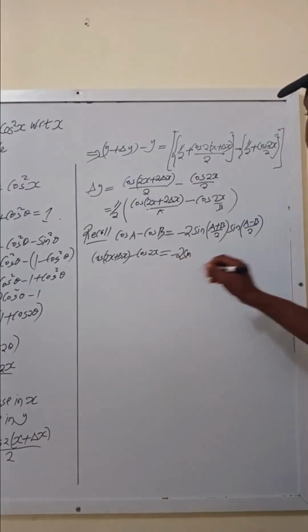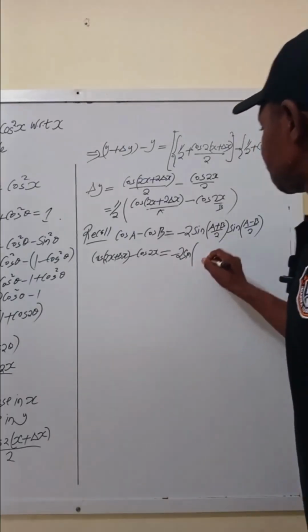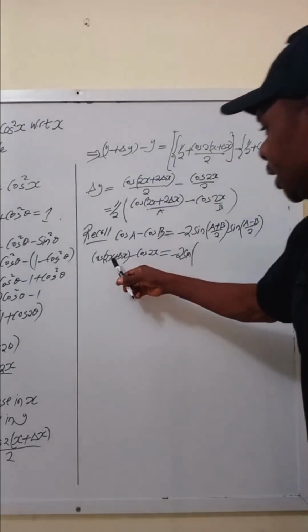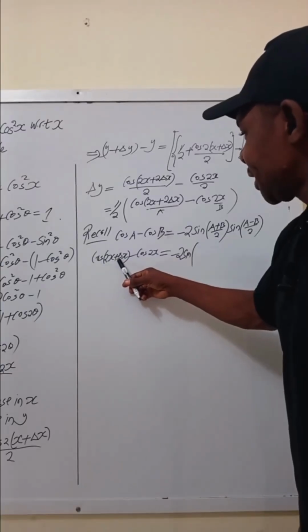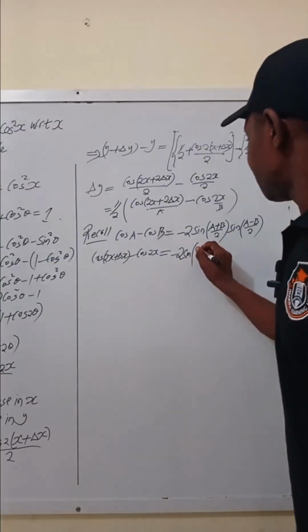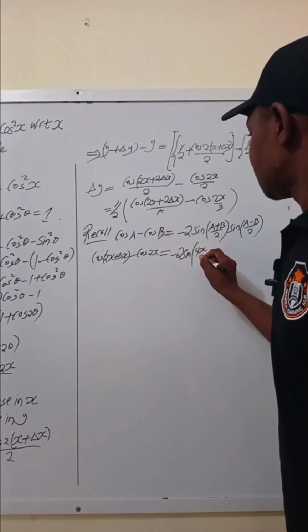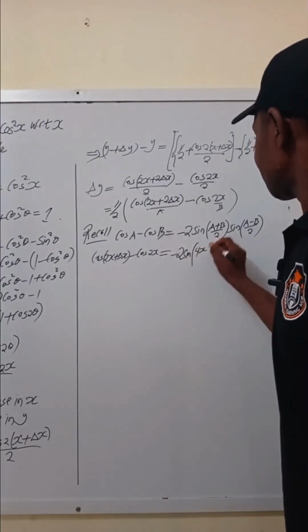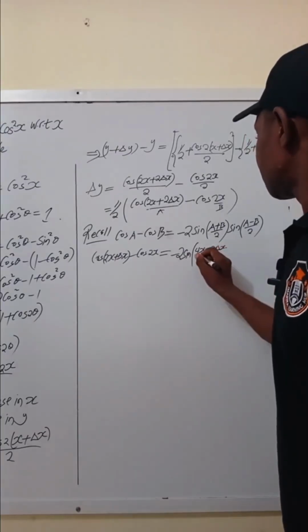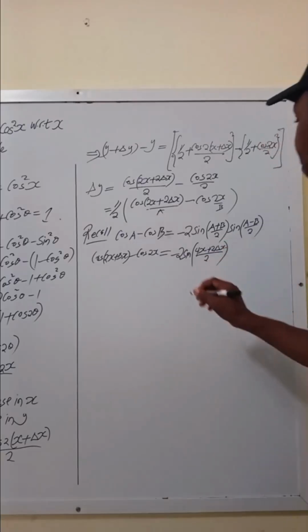Negative 2 sine, then into bracket, first let's add this and this. We are adding 2x plus delta x plus 2x. This automatically gives us 4x, then plus 4x plus 2 delta x divided by 2 in the first bracket.